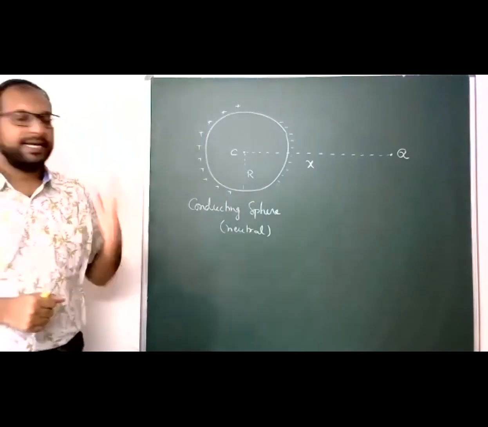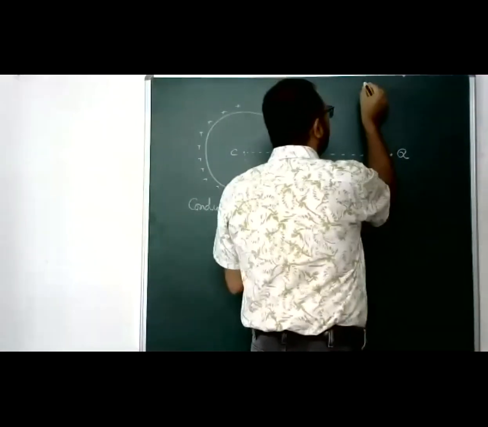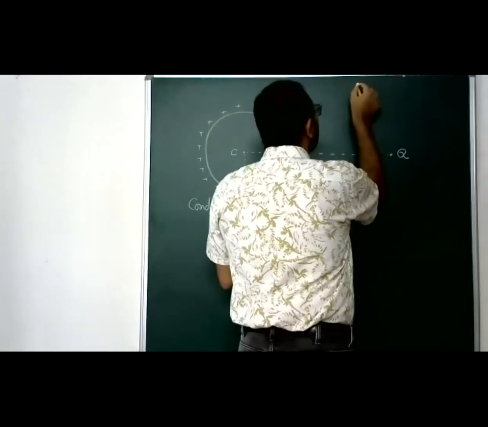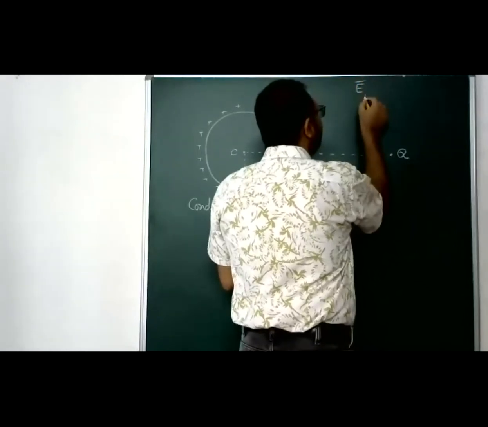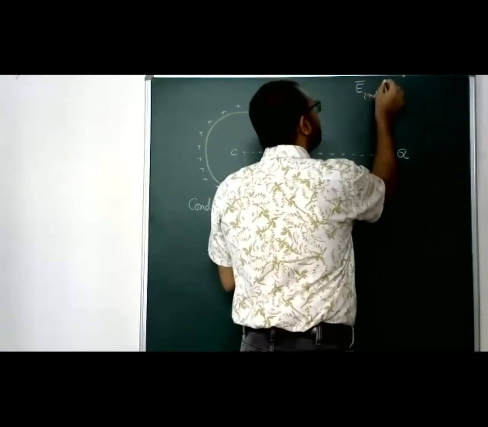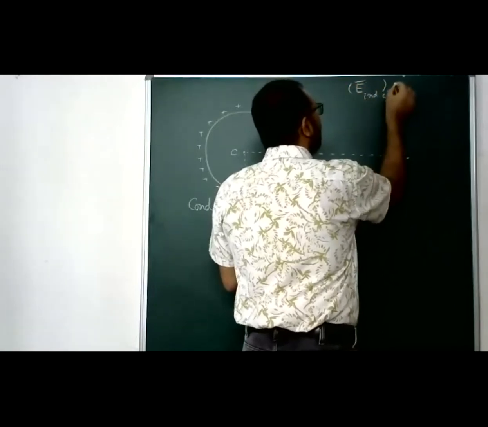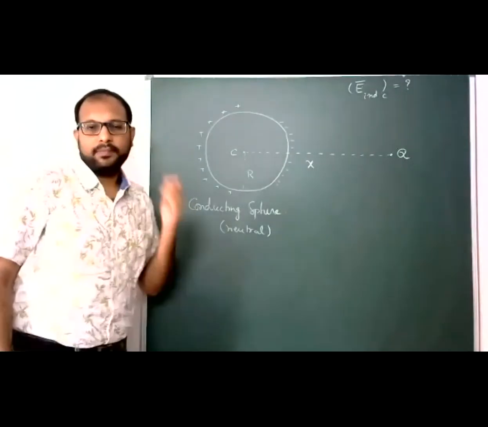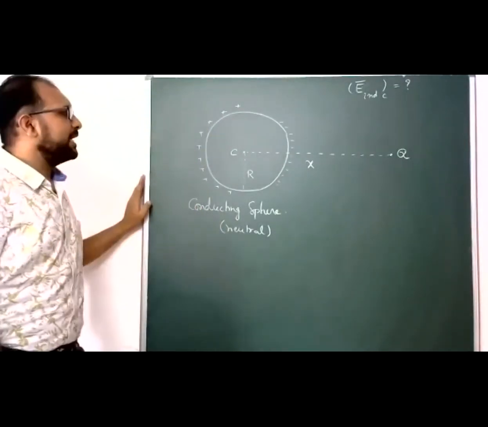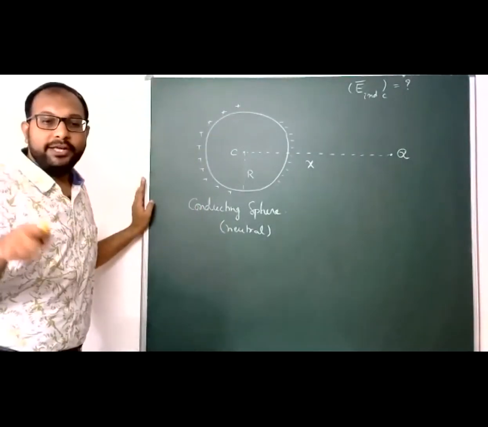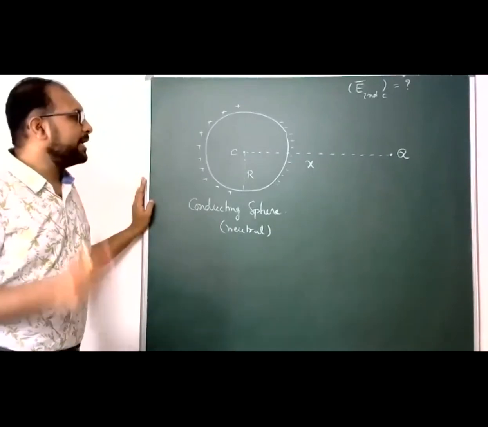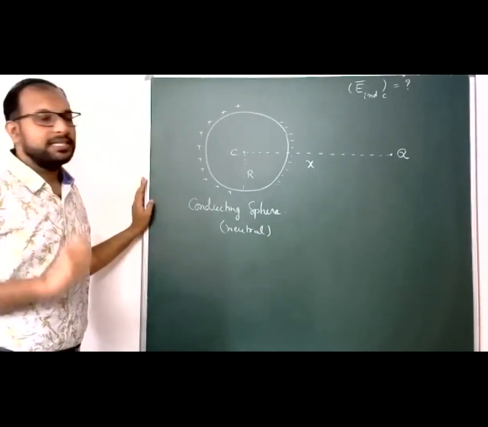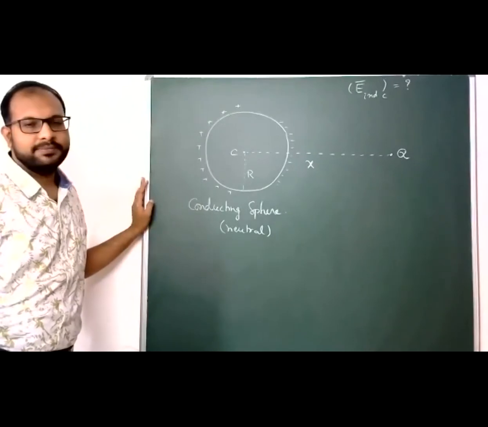That is our target. What is our now problem? Electric field due to induced charges at point number C equal to question mark. At point number C, only due to induced charges. Remember, only due to induced charges, electric field question mark.